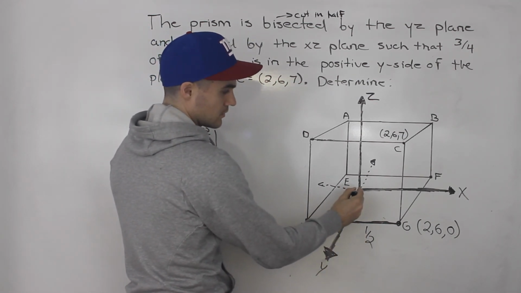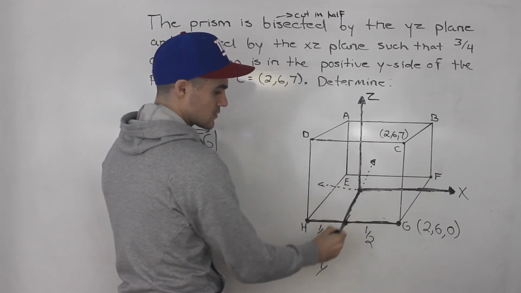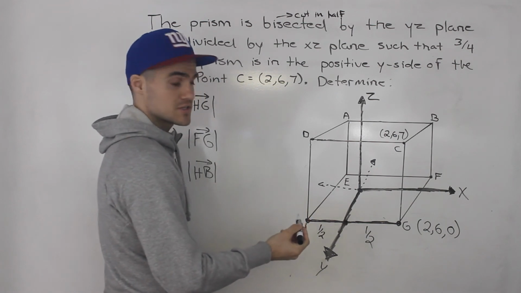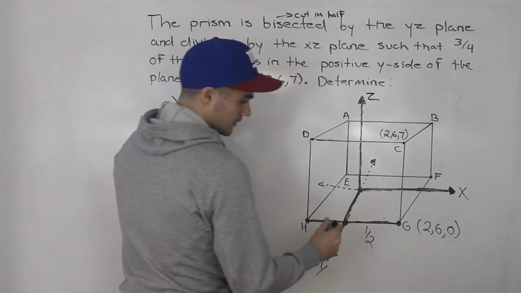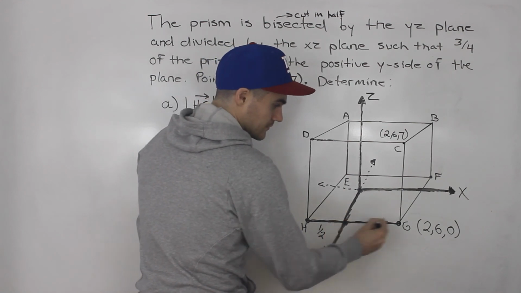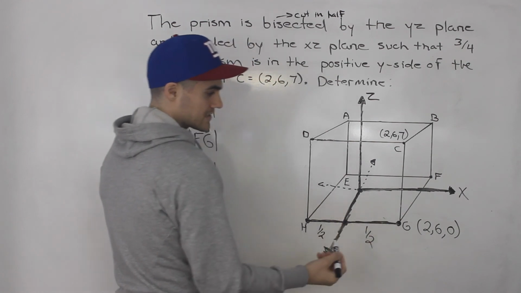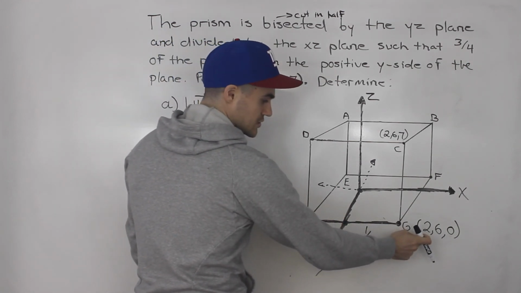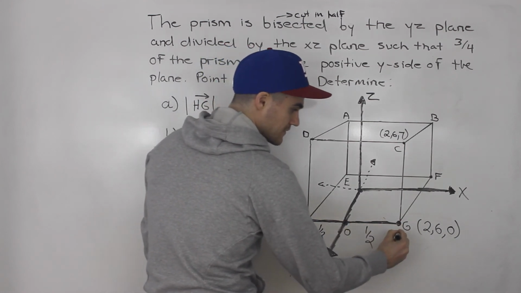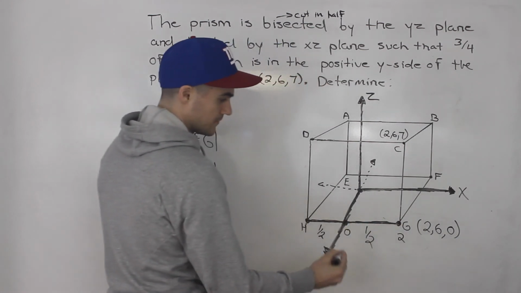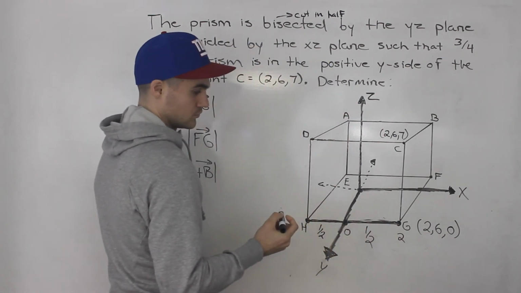Anywhere along this Y axis, the X and Z values are 0. The length from here to here is shown by the X coordinate. The X coordinate is 2. So we have an X value of 0 at this point, and an X value of 2 at this point G. That means this length here is 2.